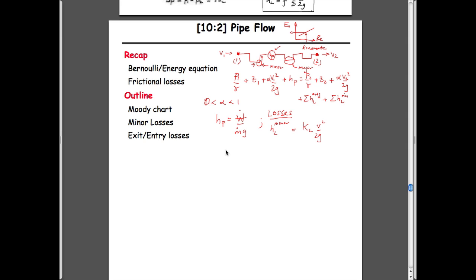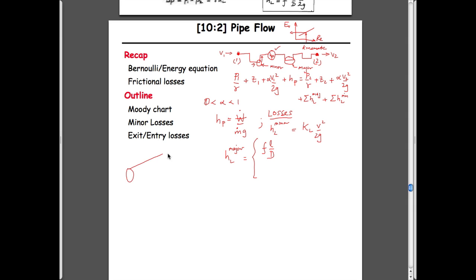And so the punchline for this, which we'll revisit, is that the major losses fall into two categories. Well, actually, no. They're always equal to something that looks like a coefficient, a length to diameter ratio of the pipe.